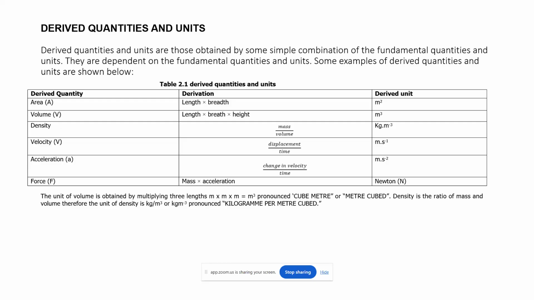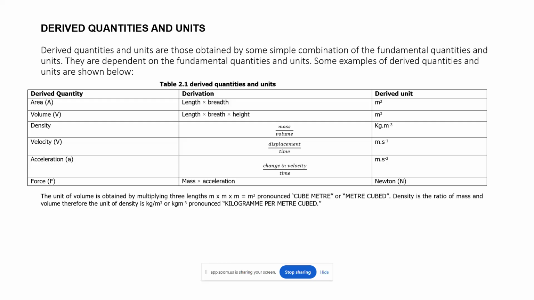So displacement is measured in meter, time is measured in seconds. So since we are saying displacement divide by time, that's why our formula here is meter second minus 1. We call it per time, displacement per time. So our derived unit is going to be meter per second. That's why we have that minus 1.